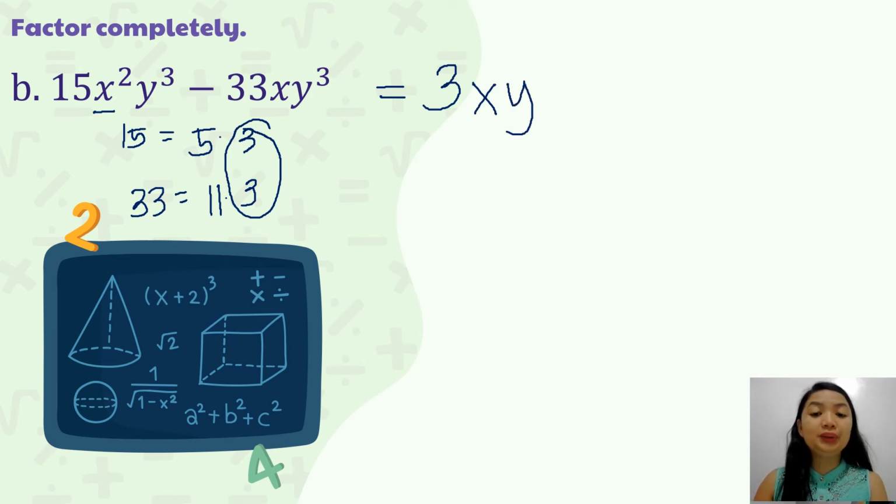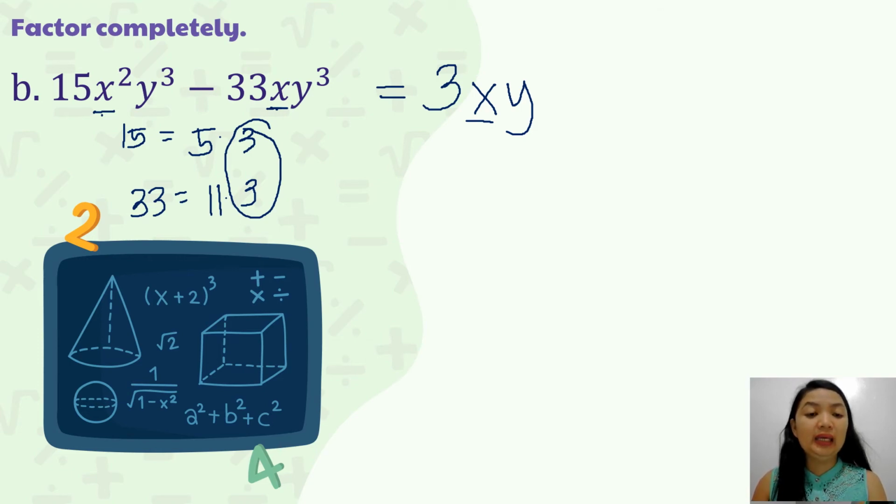Now, according to our definition a while ago, the exponent of the variable must be the smallest one in the given terms. So as you would notice, this is only x raised to 1 while the other one is x raised to 2. So we are going to apply x raised to the first power since that is the lesser.